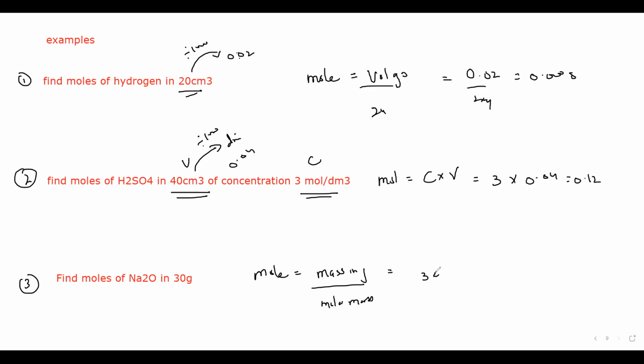The mass in gram is 30, but for the molar mass of sodium oxide, you have to use the periodic table.